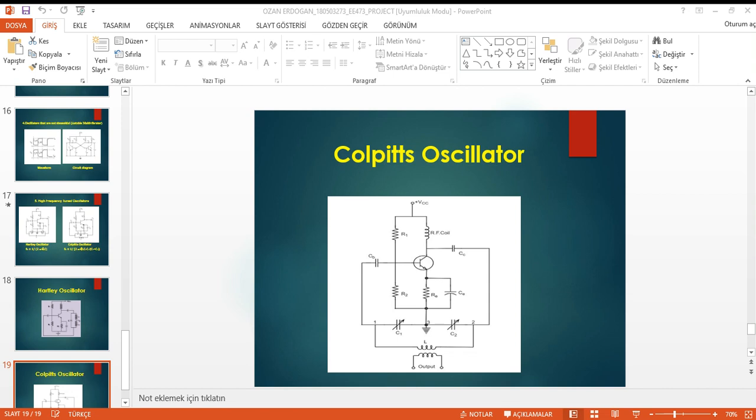The radio frequency choke, RFC, offers very high impedance to high frequency currents, which means it shorts for DC and opens for AC. Therefore, it provides DC load for the collector and keeps AC currents out of the DC supply source.